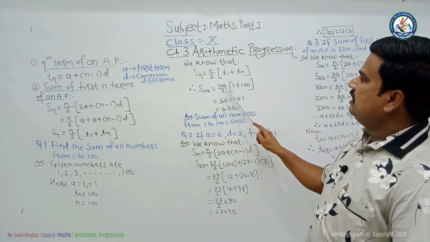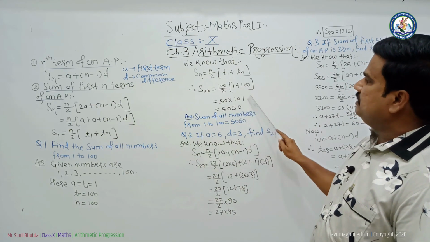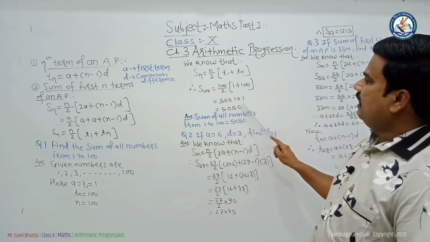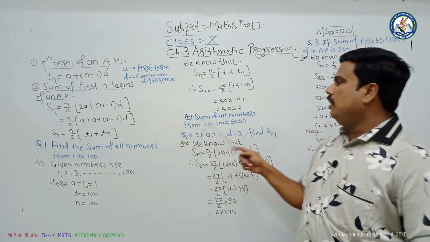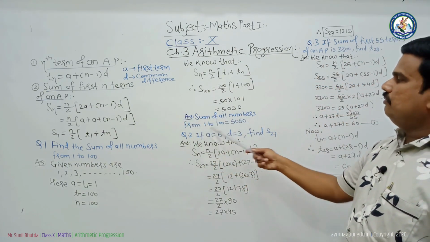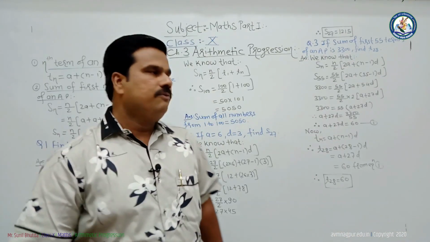On cancellation, 2 fifties are 100. Therefore, 50 into 101 will be equal to 5050. Lastly, write the answer. Sum of all numbers from 1 to 100 is equal to 5050.